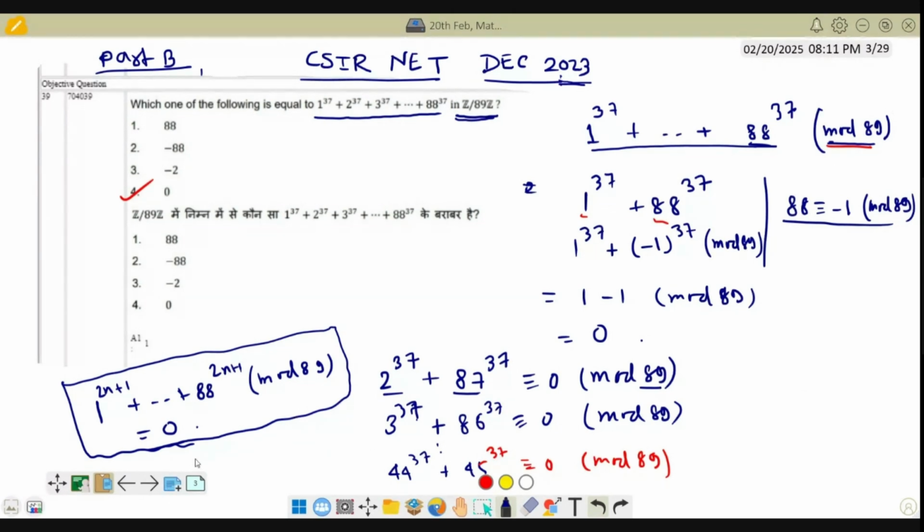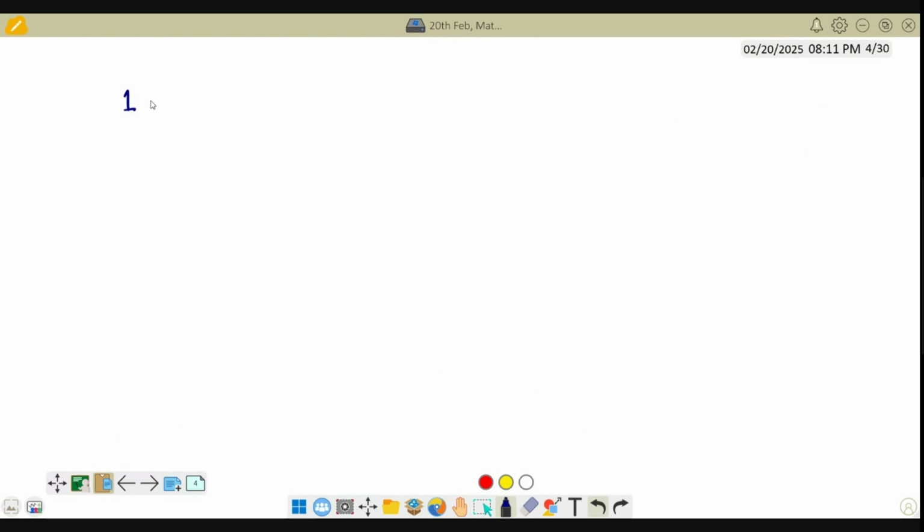It means if you have 1 power 2k plus 1 up to m minus 1 power 2k plus 1, this is 0, right?